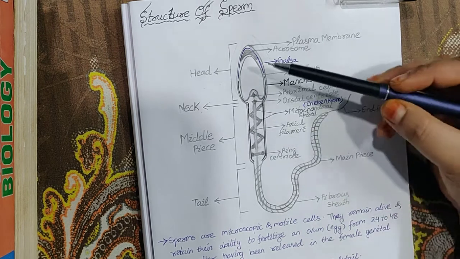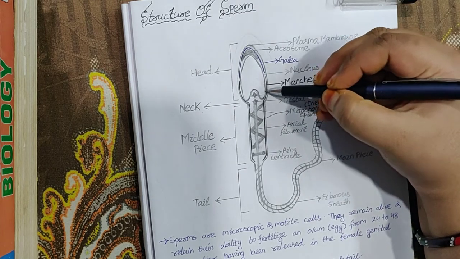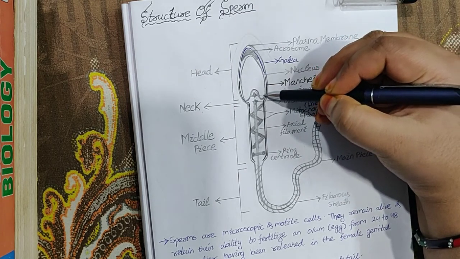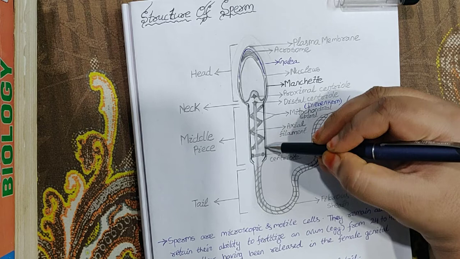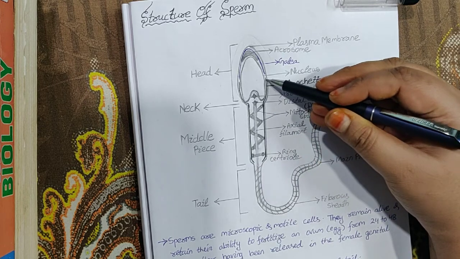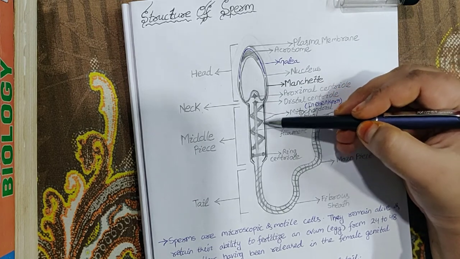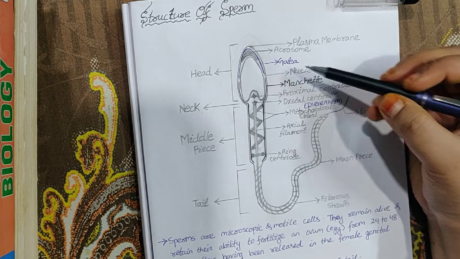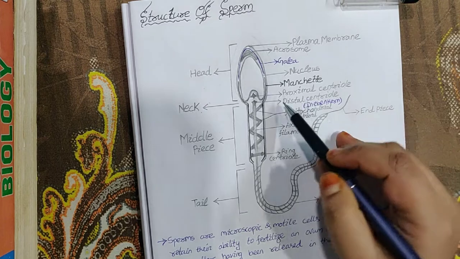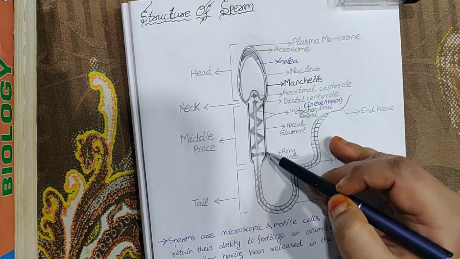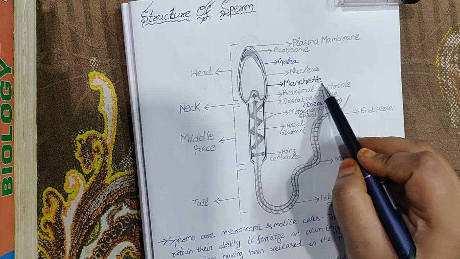Next, the posterior half of the nucleus, the neck portion, and the entire middle piece, see this black line, are covered by a membrane called the manchette.